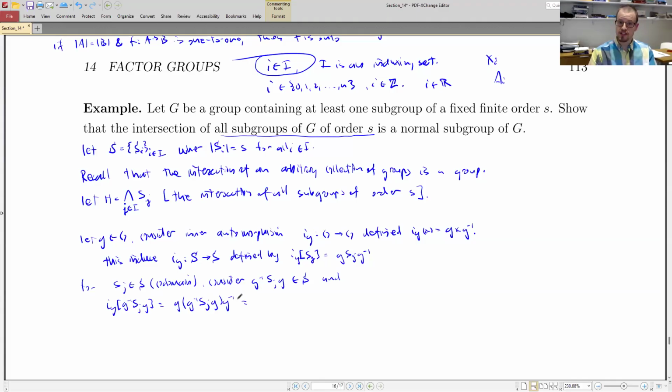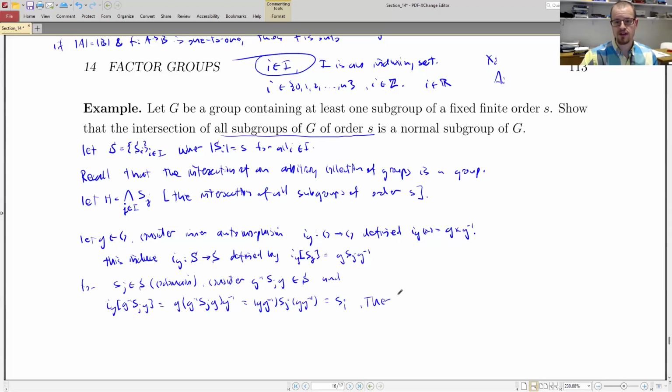And by the associativity that I have here, I can write this as g⁻¹ S_j times g⁻¹, which of course that's identity. So this is just S_j.